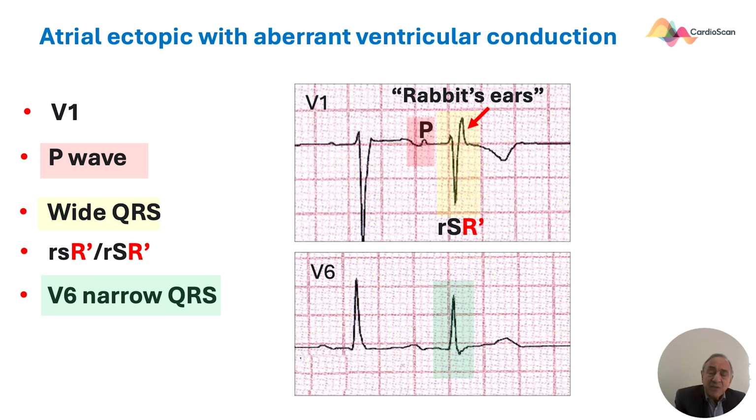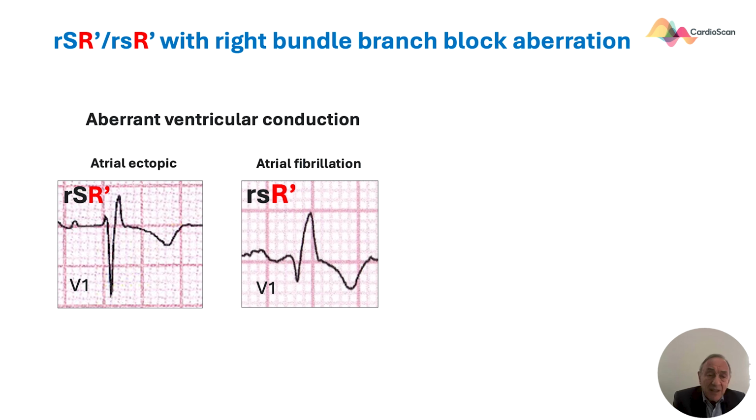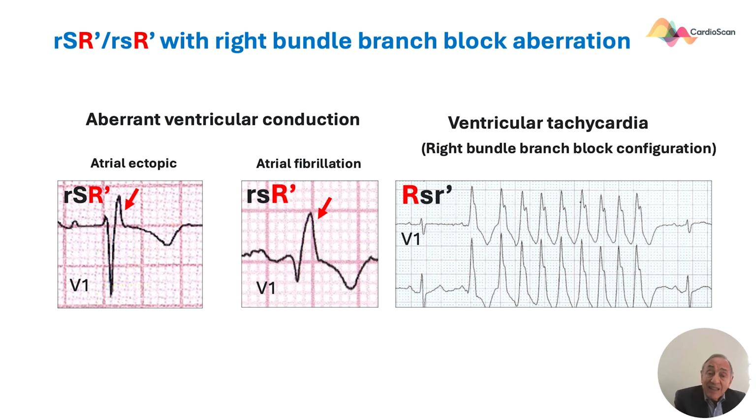So now let's return to normal conduction, and with aberration here, atrial ectopic, atrial fibrillation, both have the R prime dominant. Whereas for ventricular tachycardia, the dominant feature is the R wave and not the R prime.